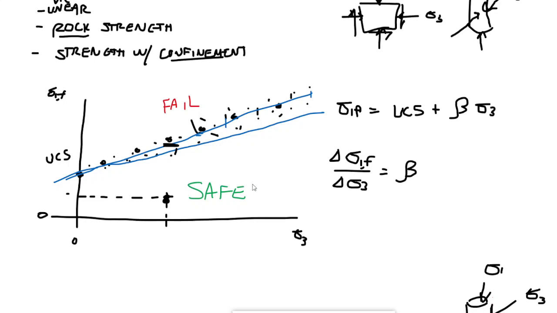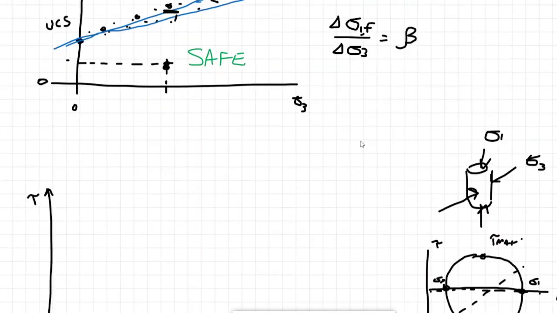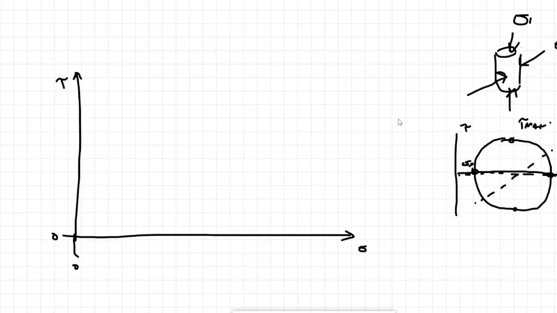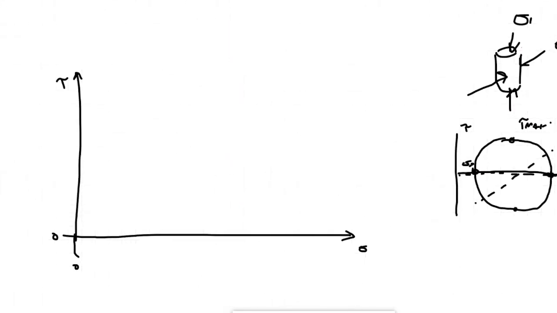So when we were going through this at first, we were taking a single sigma 3 and associating it with a single sigma 1f. What we have to do now is draw a Mohr's circle and find taus on them. So it gets a little more complicated, but you'll find that the result is still very nice. It's still a linear approximation.